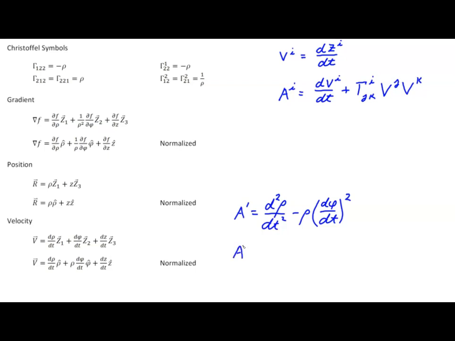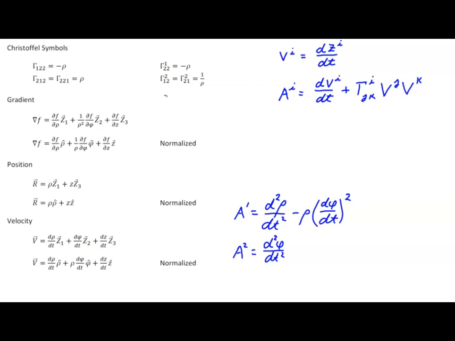A2 then is going to be equal to dv2 dt, which is the second derivative of phi with respect to time. And then we're going to have to add the term for each Christoffel symbol with a 2 in the upper position.